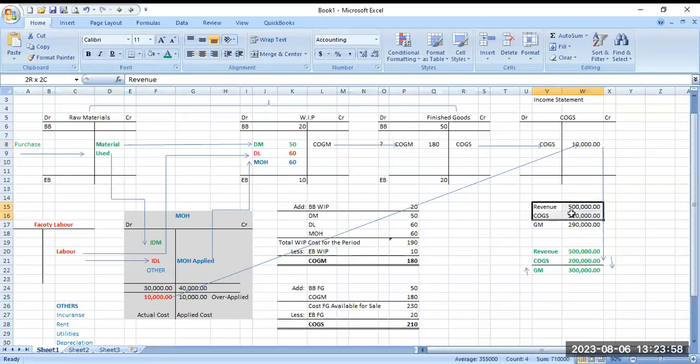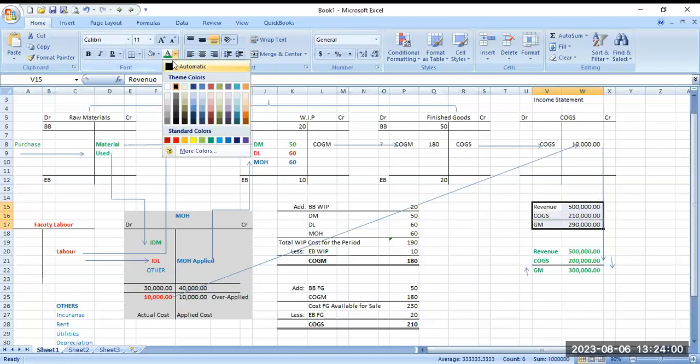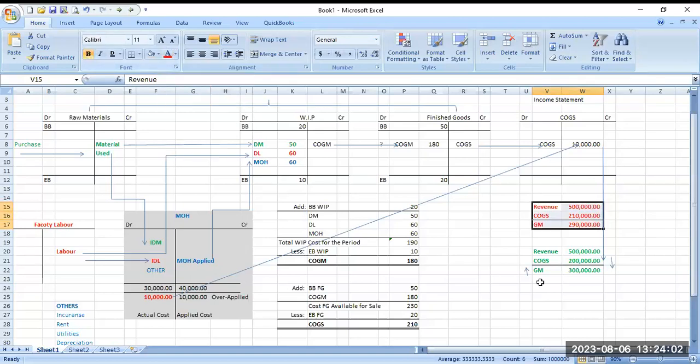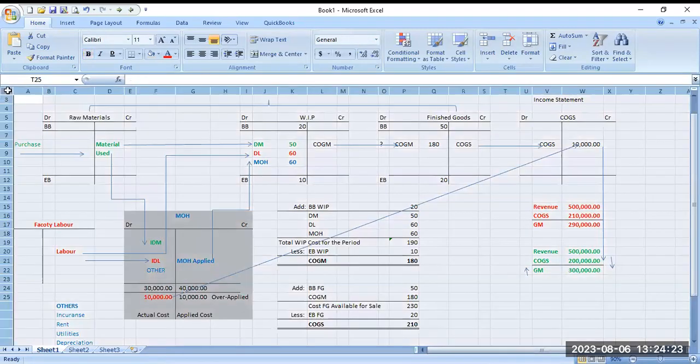Let's put this one in red. The way I'm estimating it before this adjustment, I'm seeing 210, but it's not 210, it's only 200. So when I make the adjustment, actually I'm making 10,000 more. Make sense?